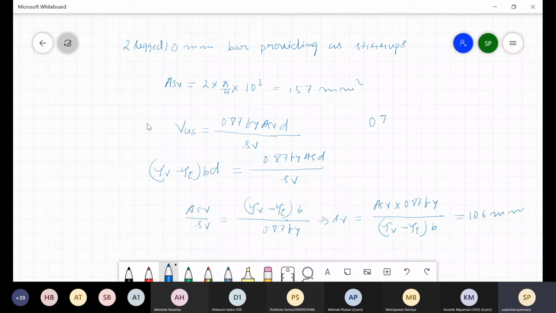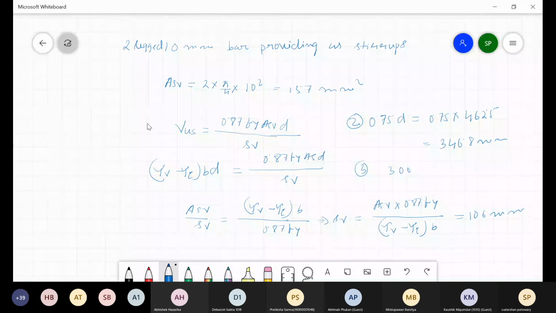Again 0.75 d, 0.75 into 462.5, that is 346.8. That is the second condition. And third is 300 mm. So at what spacing do we have to provide these stirrups out of these three? 106 mm.